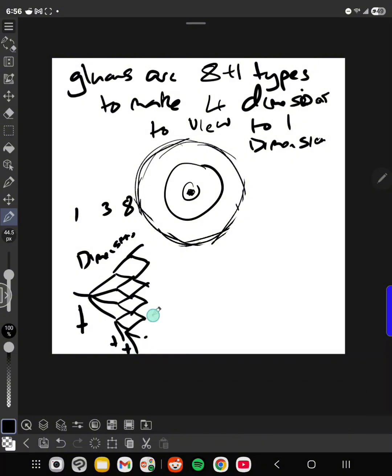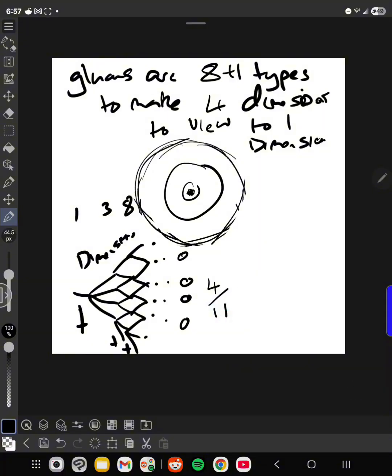So then that would be 1, 2, 3, 4, 5, 6, 7, 8, 9, 10. But these are doubled. So it would be 4, but then a total of 10. 4 over 10. Well, plus 1, 4 over 11.